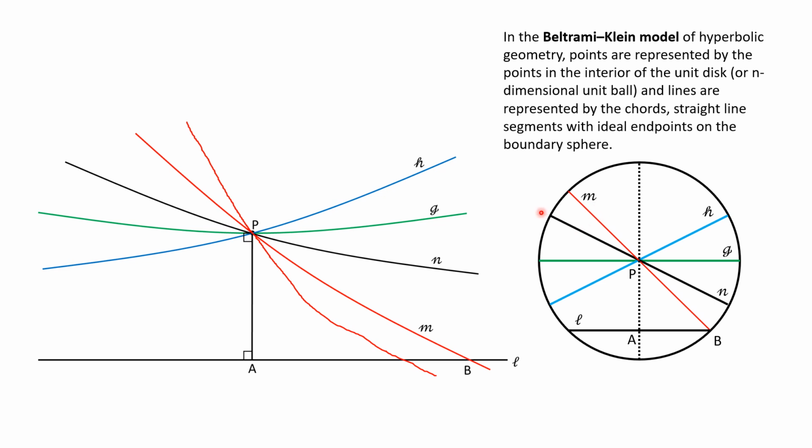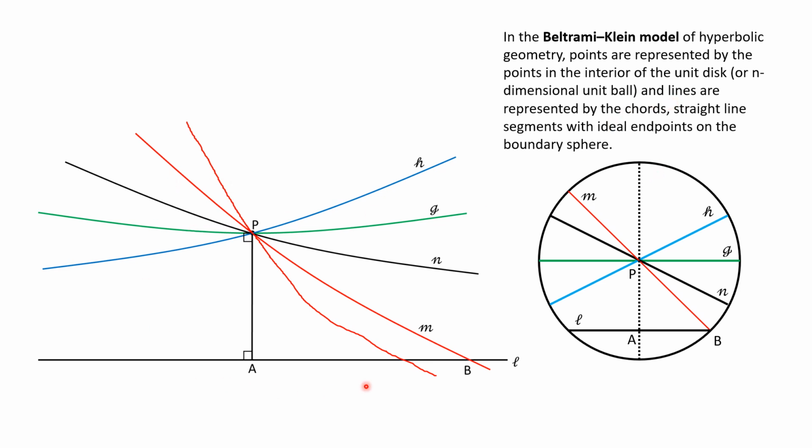Now on the right, I have a model of hyperbolic geometry. There's multiple models and ways of drawing the lines and points. And one of them is called the Beltrami-Klein model. It's named after 2 mathematicians. And as I've noted here, points are represented by points inside of a unit disk, and lines are represented by chords.